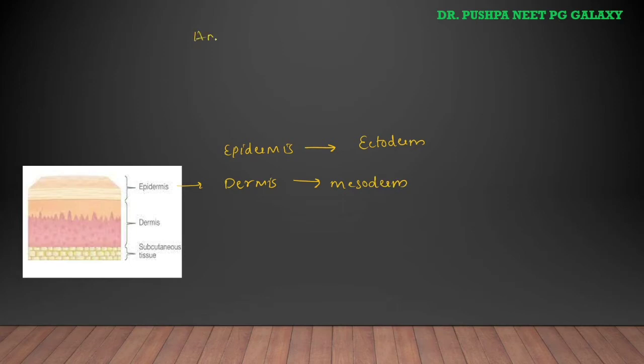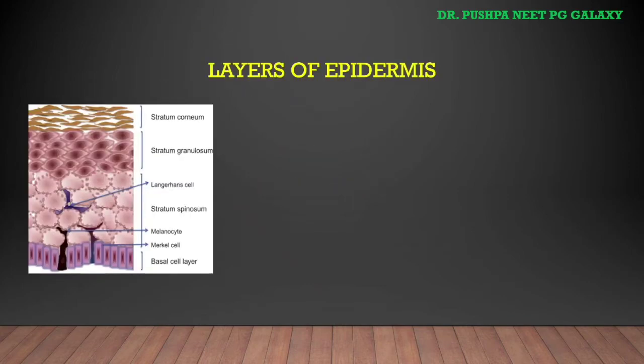This is about the introduction and anatomy. So, we will study the layers of epidermis. First one is stratum corneum, stratum granulosum, stratum spinosum and basal cell layer. These are the four main layers of epidermis. First one is stratum corneum.